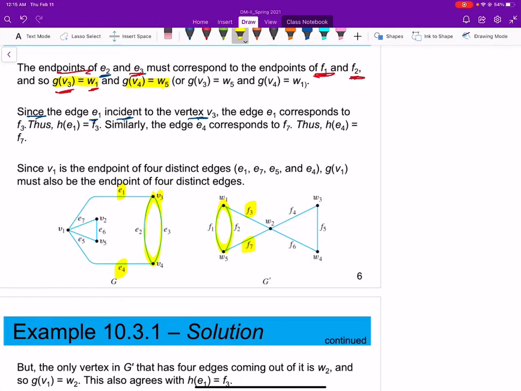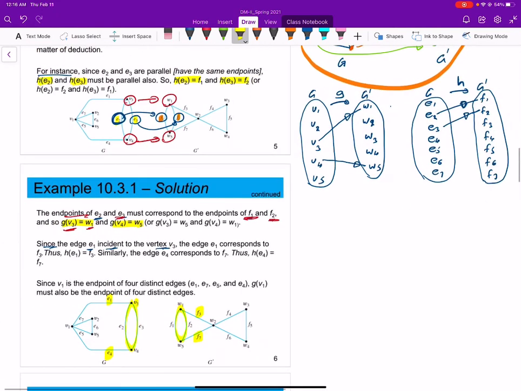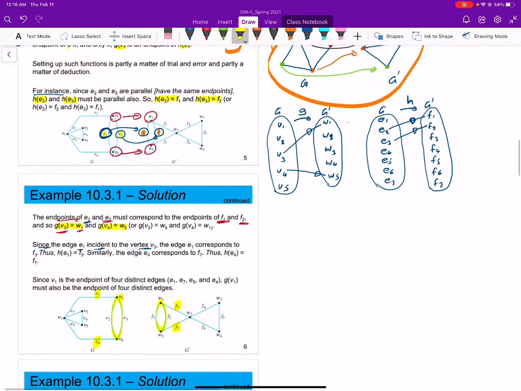Now let me mark that information in this mapping. Every time I'm bringing this map down because I can just mark on the same map.